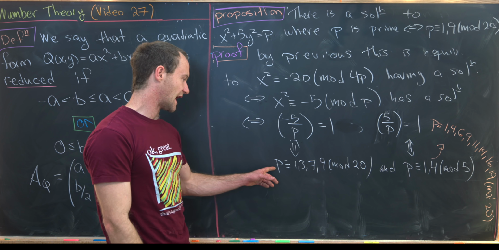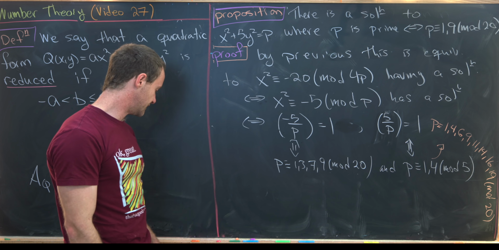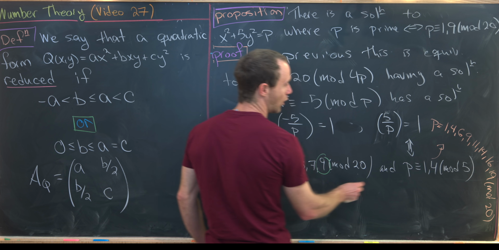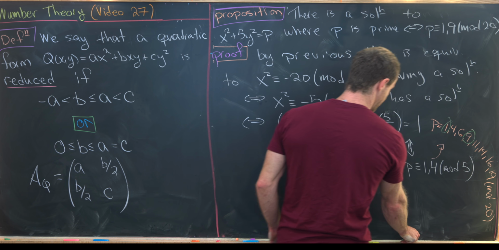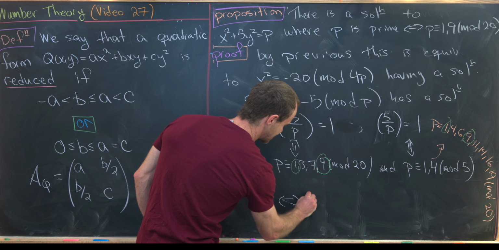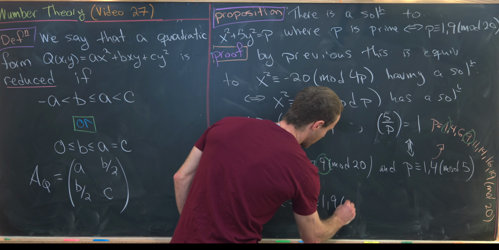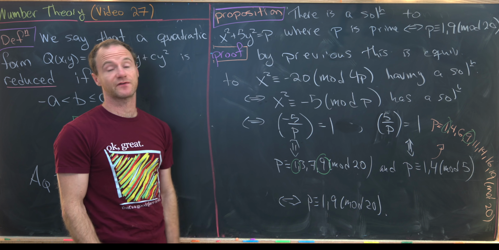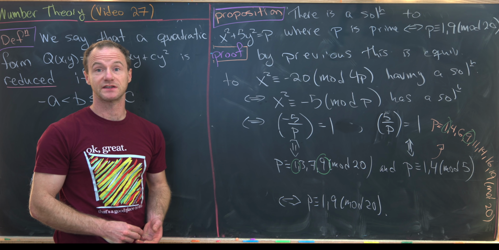But recall that our prime has to satisfy both of these congruences. That means that it's either 1 or 9, because those are the ones that are in each of these lists. So that tells us that we have p is congruent to 1 or 9 mod 20. So that finishes off the proof of this proposition. And that's a good place to stop.